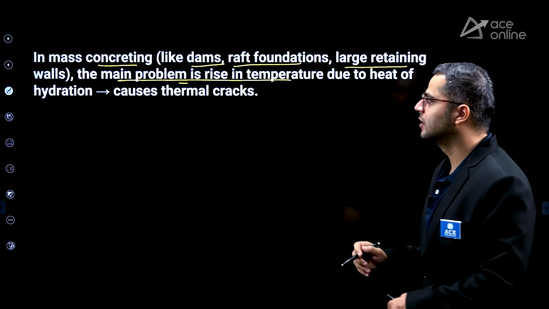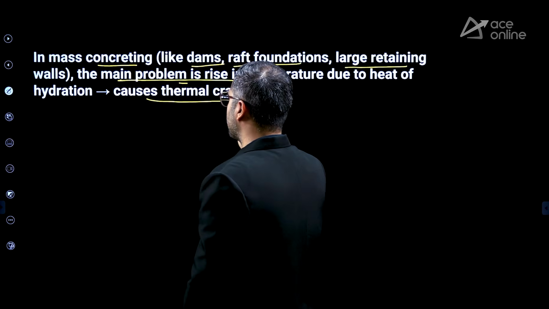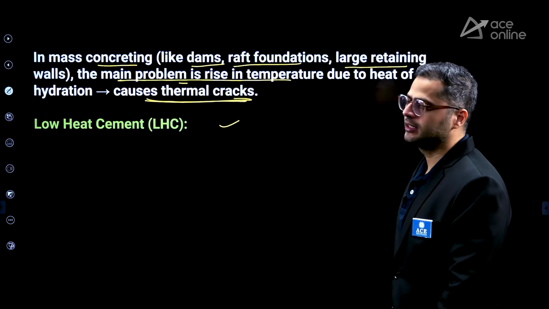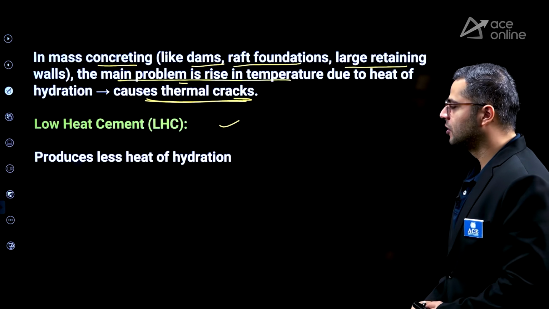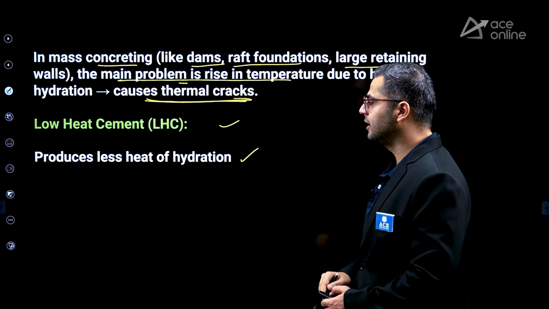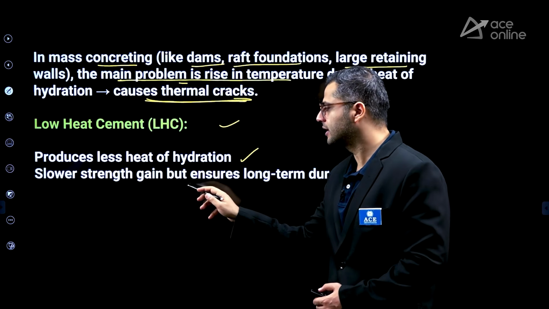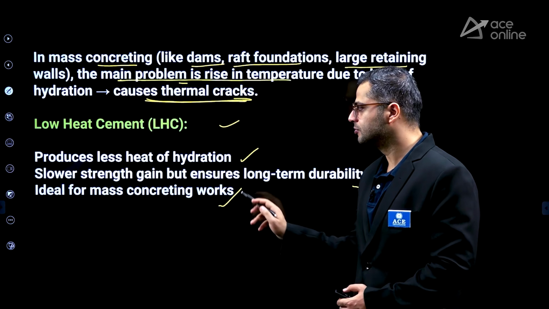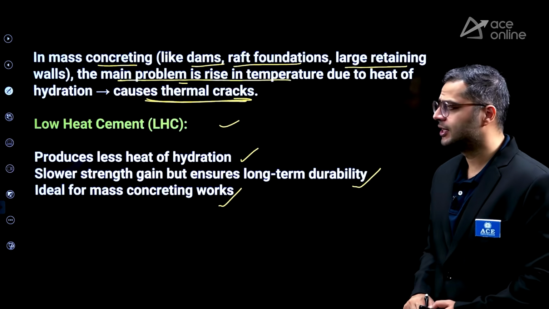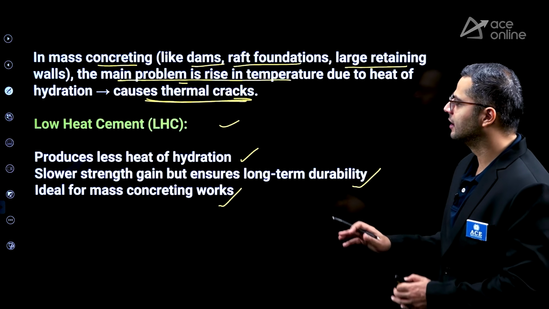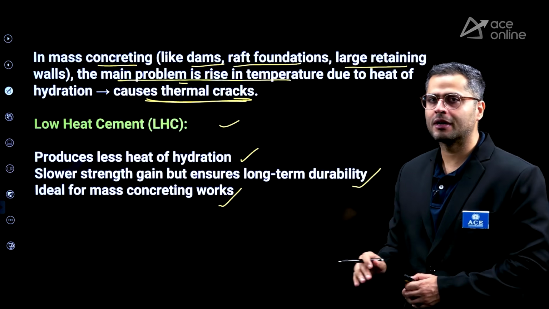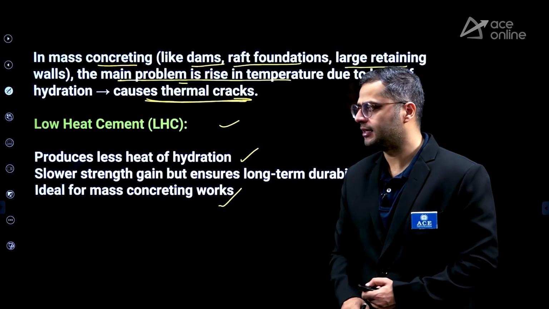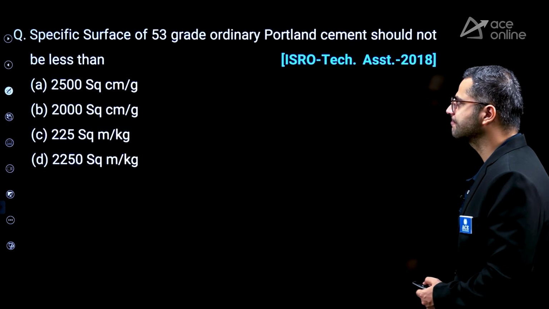So it can lead towards thermal cracking, right? So in that particular case, low heat cement will come up. So what is low heat cement? It produces less heat of hydration and slower strength gain, but ensures long-term durability, right? Used mostly for mass concreting works. You have to keep this in mind. Basic points I'm just telling you in the middle because you are revising these concepts. It will be helpful for you.